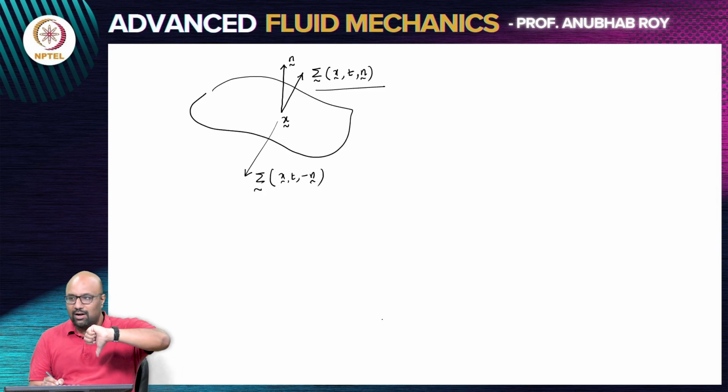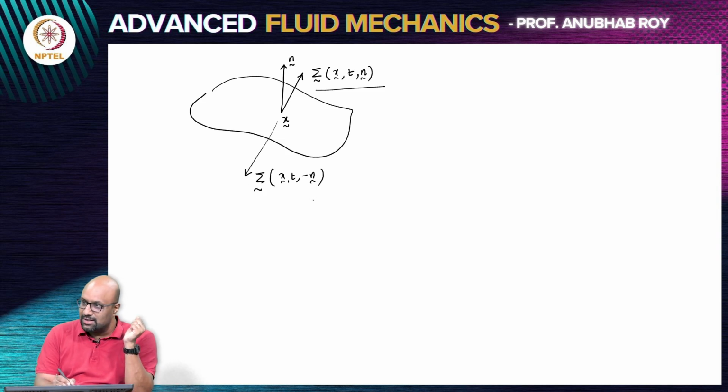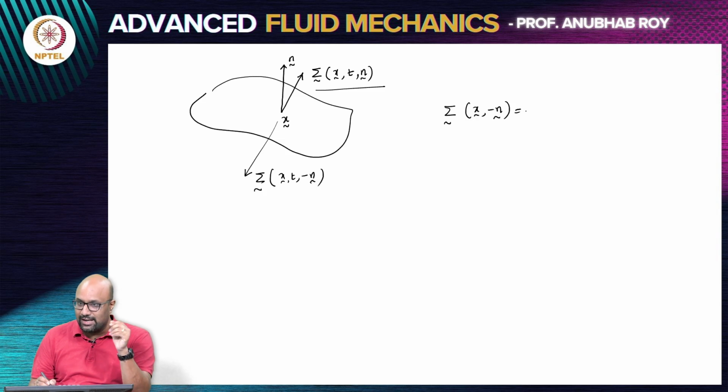You will have an equivalent opposite normal on the inner side. So there would be a force that is acting on the inner side. So since there is no additional force that is residing, I'm just going to now use x and not focus on time anymore, because we are going to just look at things instantaneously. So sigma of the negative normal is going to be negative of sigma of x comma n.